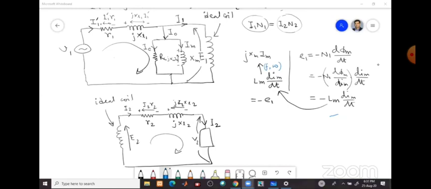Okay, now these two equivalents we are having. Every time when we come across this type of transformer, we have to deal with these two circuits, and that is not a very easy job, because as far as one transformer is concerned, it is okay. But in a power system, there may be 1,000 transformers.